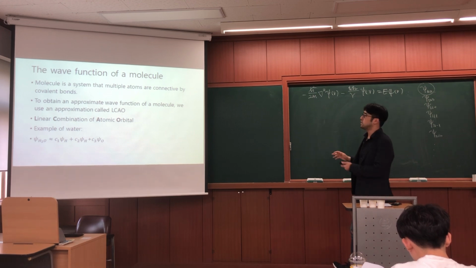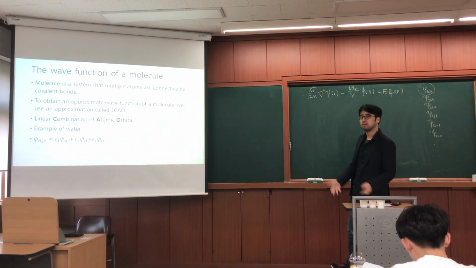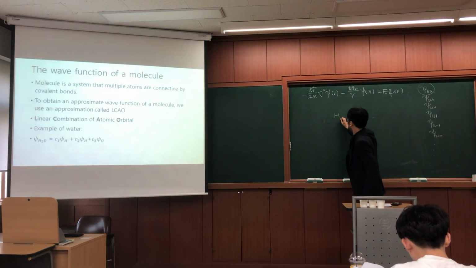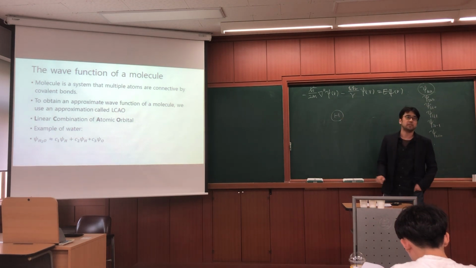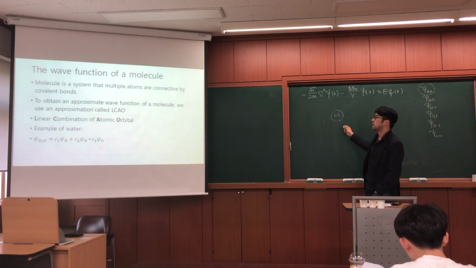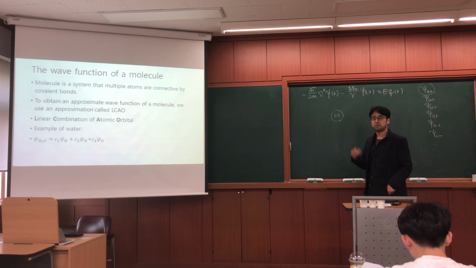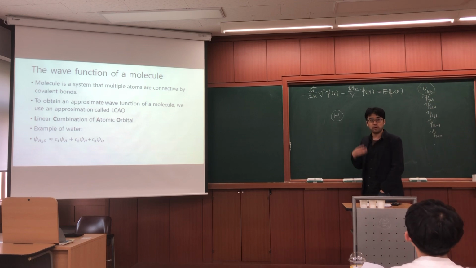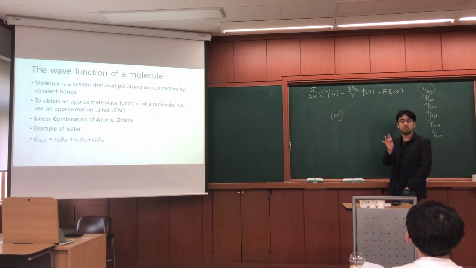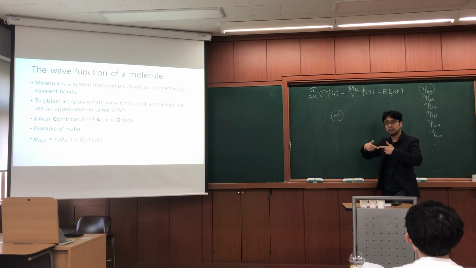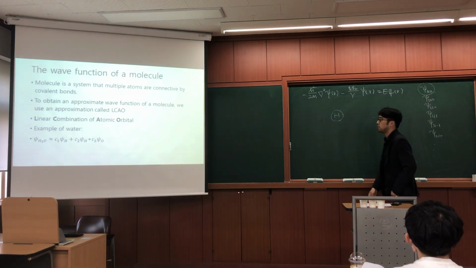Molecules are systems where multiple atoms are connected by covalent bonds, right? A hydrogen atom is a very simple system, and we can solve this. But in real chemistry, in organic chemistry, we mostly focus on carbons and how carbons are connected or disconnected, right?